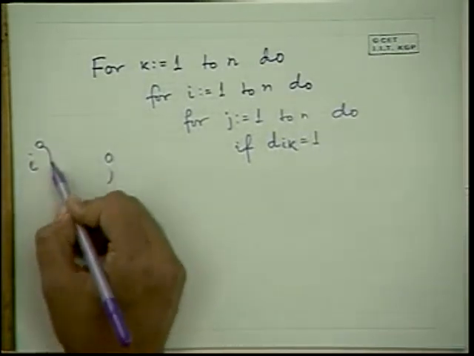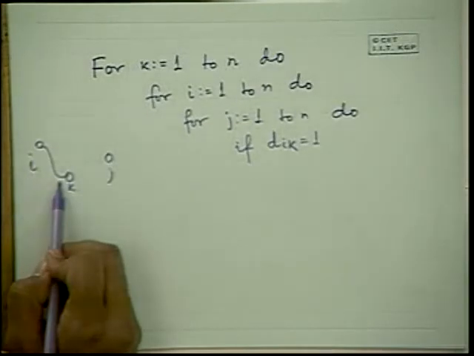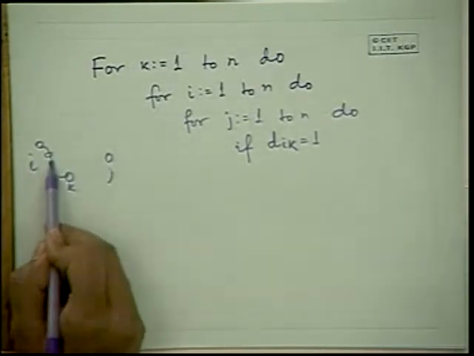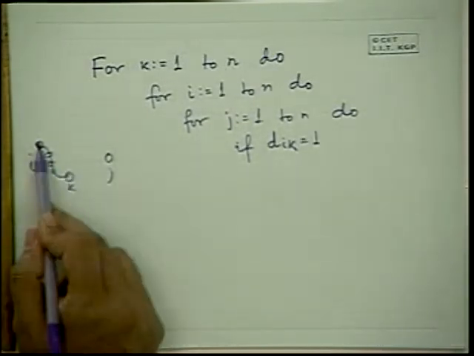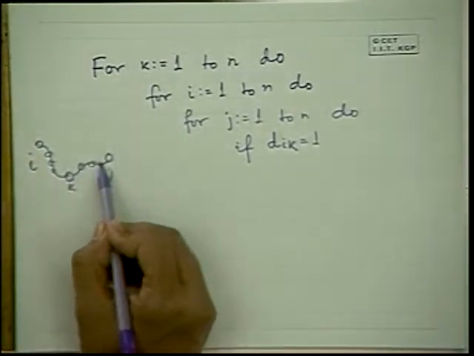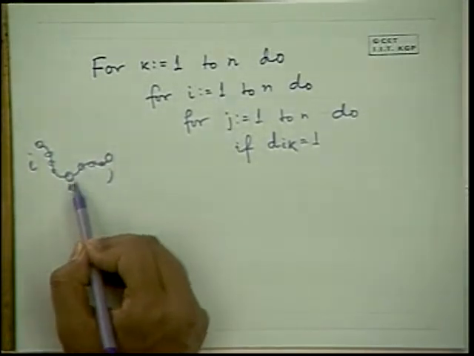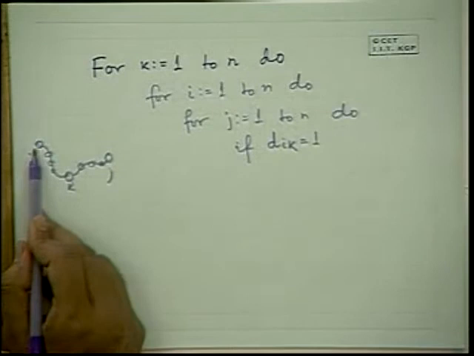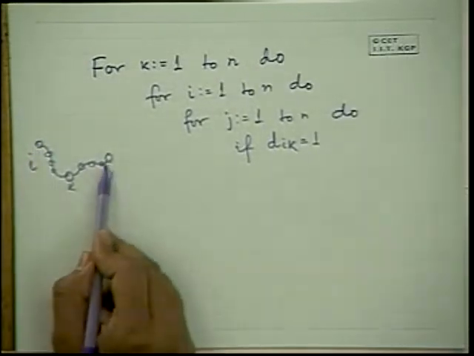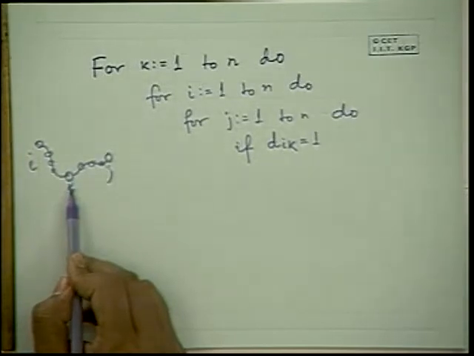We are checking whether there is already a path between i to k whose vertices are all less than or equal to k minus 1 except i and k, and a path between k to j whose vertices are again all less than or equal to k minus 1 except k and j. Then there is now a path from i to j whose vertices all have index less than or equal to k. That's the only check you have to do.